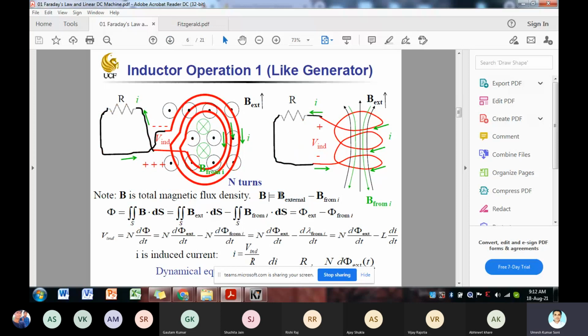So whenever there is an external field, a variable external field is there.